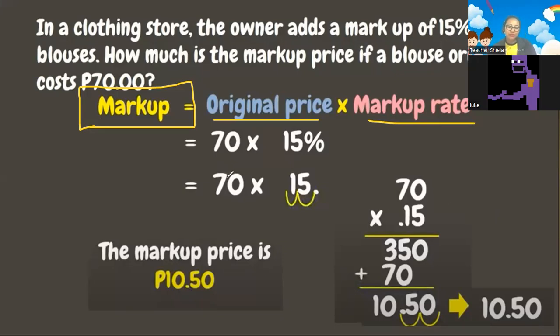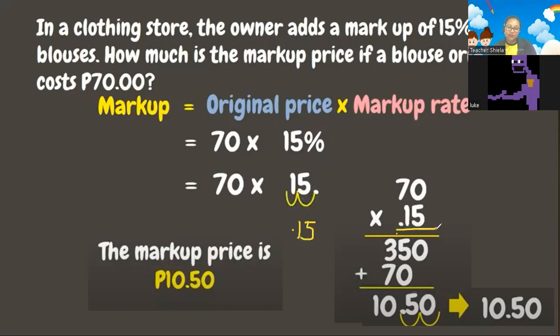Because remember, we multiply the original price, which is 70, times 15%. Remember, because this is percentage, we have to move 2 times backward to the left side. So the 15% in decimal point is 0.15, right?